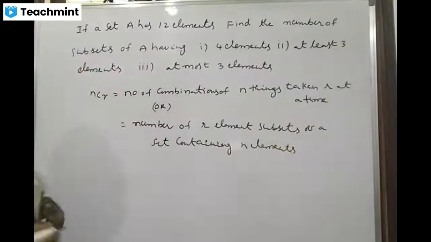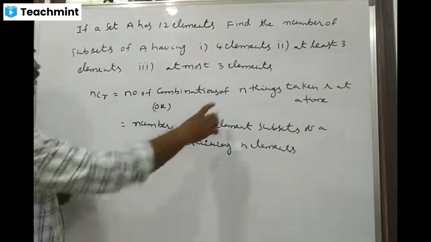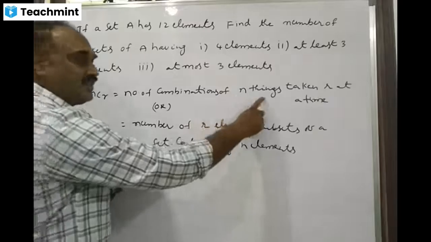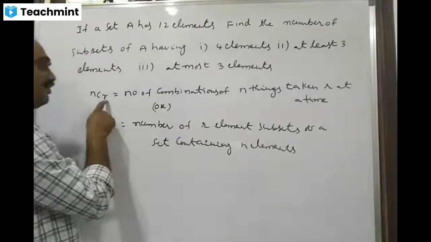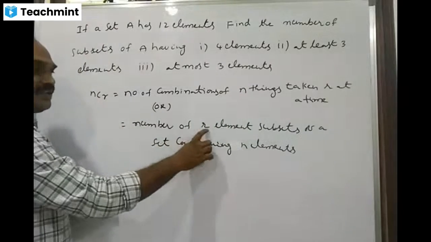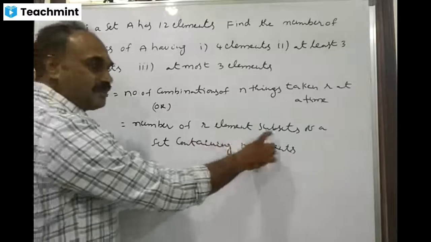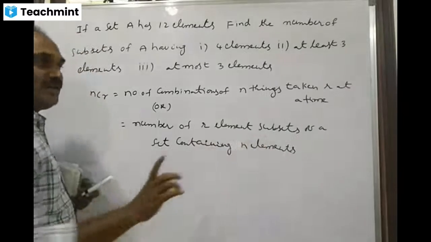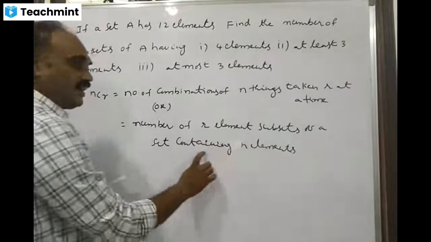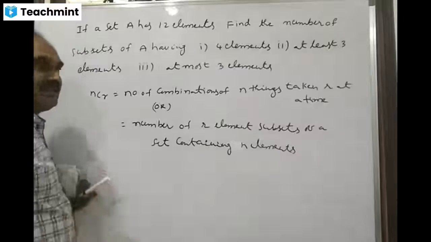So nCr is the number of combinations of n things taken r at a time, and also the number of r element subsets of a set containing n elements.